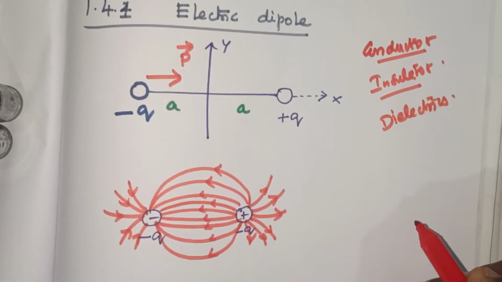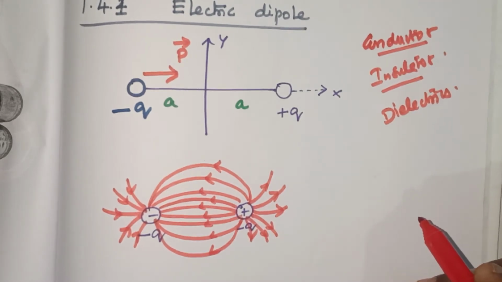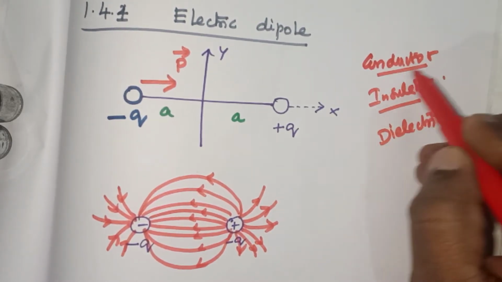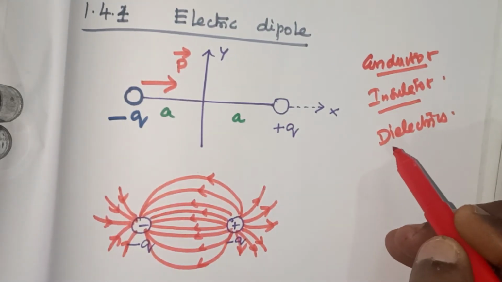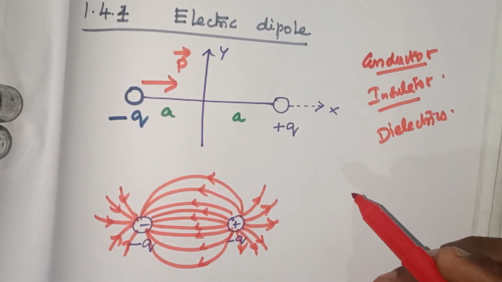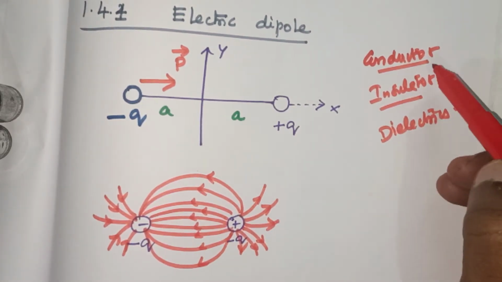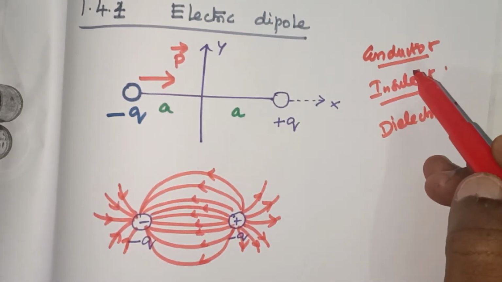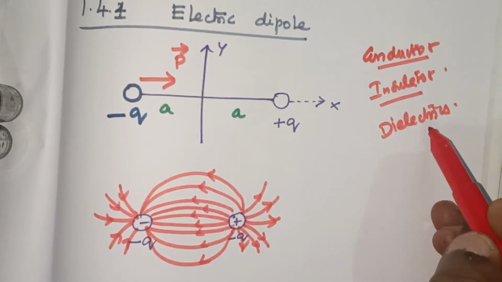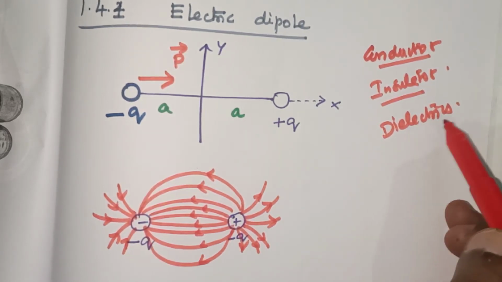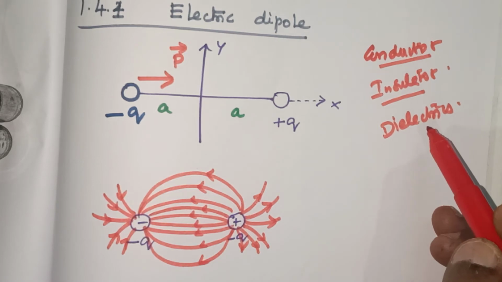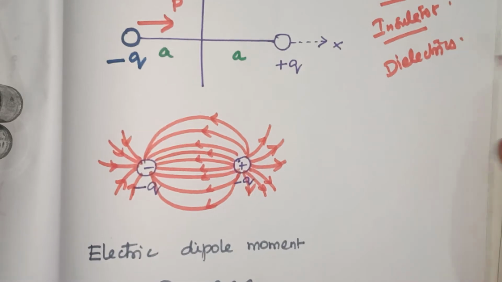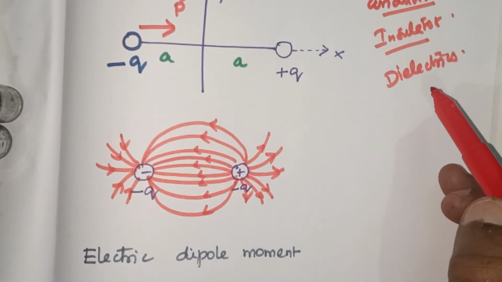The motion of charge in conductors is like a football moving on a ground. That means if we give voltage, we get a small drift. But in dielectrics, for example, if a door is opened and closed, it will not move in many directions, it will be only one direction.